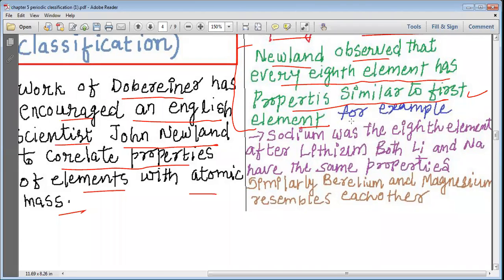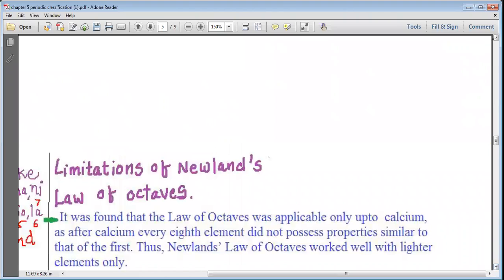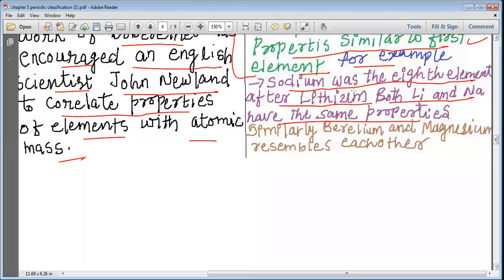For example, sodium was the eighth element after lithium. Both lithium and sodium have the same properties. This is how Newland found that lithium has very similar properties to sodium; lithium is the first element and sodium is the eighth element.